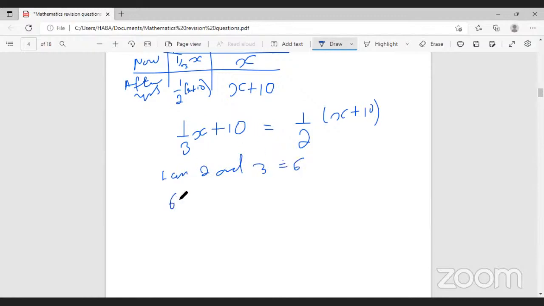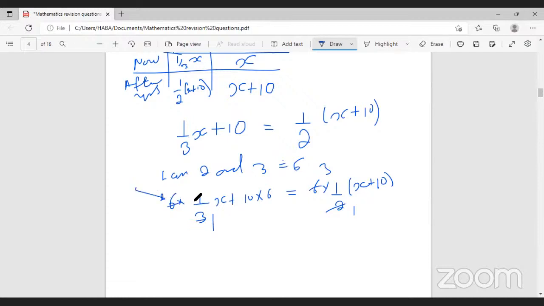So that this becomes 6 times 1/3x plus 10 times 6 is equal to 6 times a half of x plus 10. So here is by 1, here is by 3, here is 1, and here is 2.